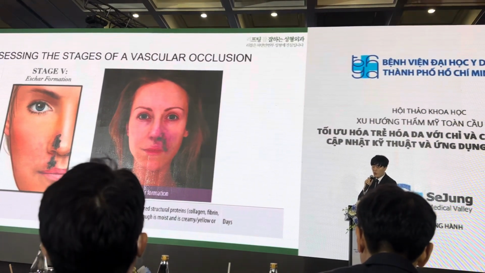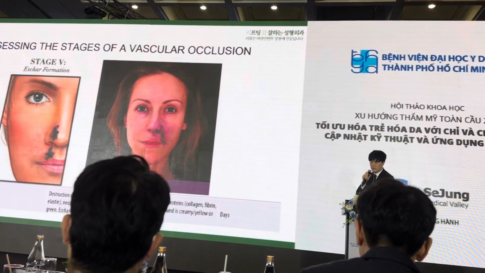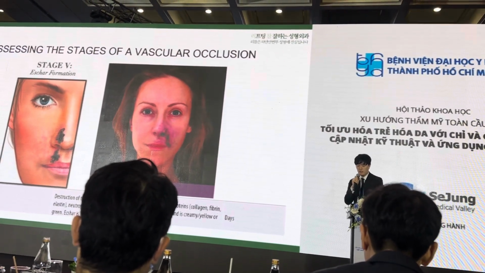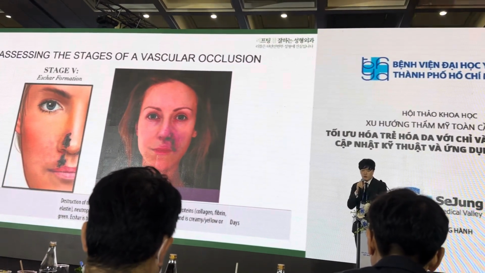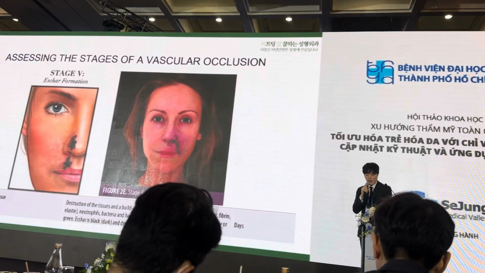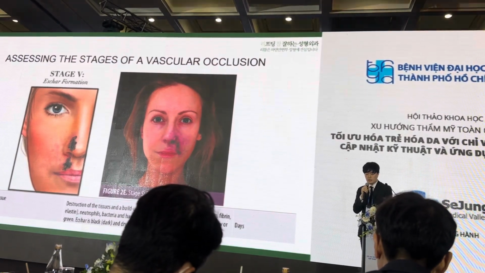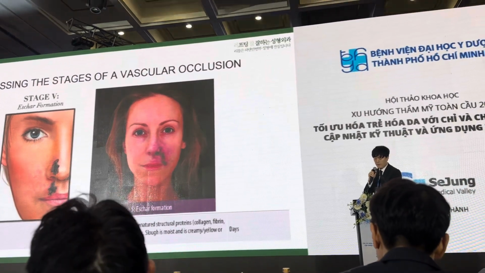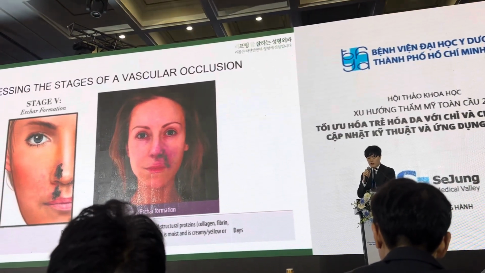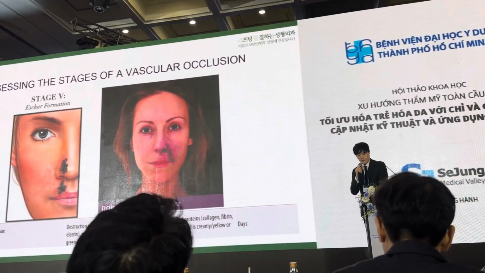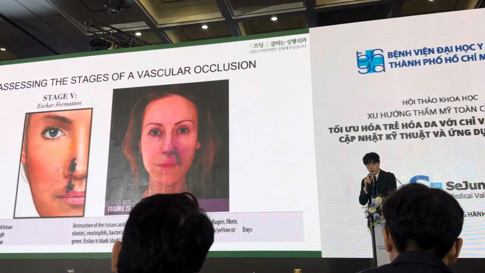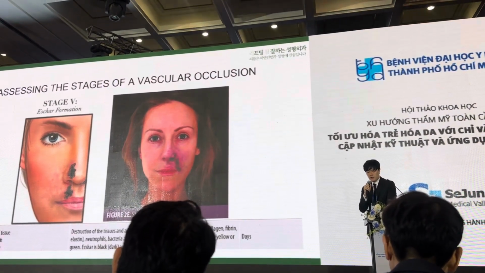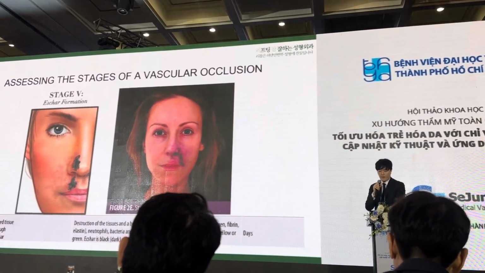Debridement may be required, but it's best to wait until demarcation is complete, meaning a clear boundary between viable and non-viable tissue. Aggressive or early debridement is not recommended because new blood flow from the wound base is often still developing.